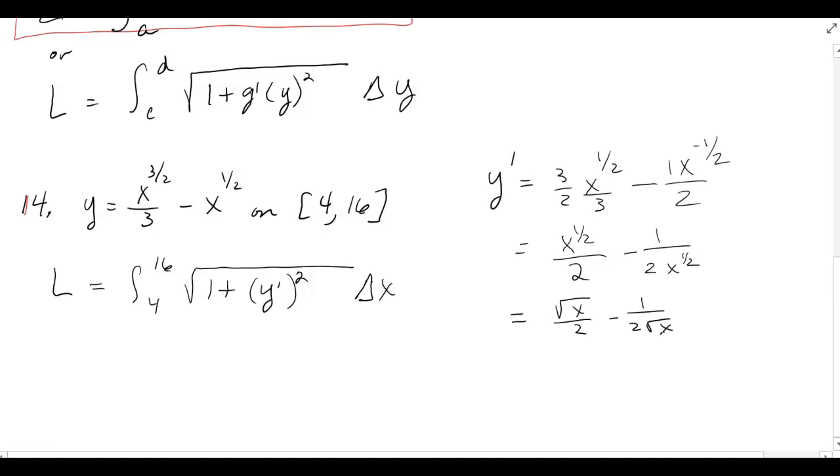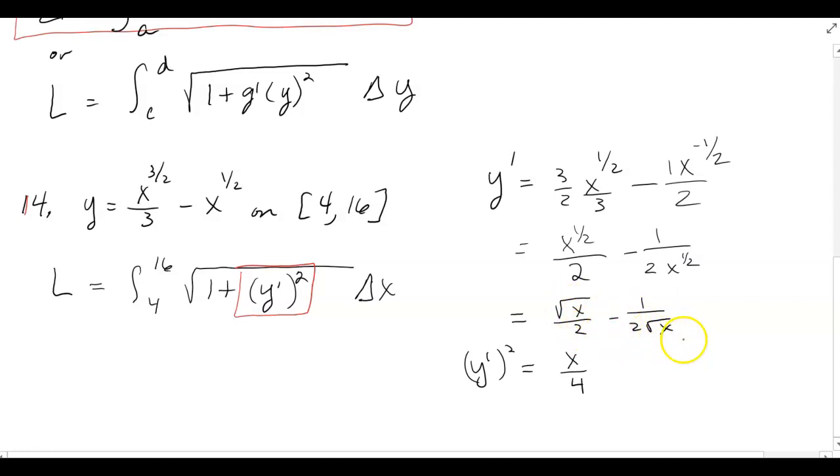Because, as you can see, it's not enough to find the derivative. You have to square the derivative. So y prime squared: we're just squaring a binomial, which means you square the first term, which gives me x over 4. Multiply them together. Well, what happens when you multiply?